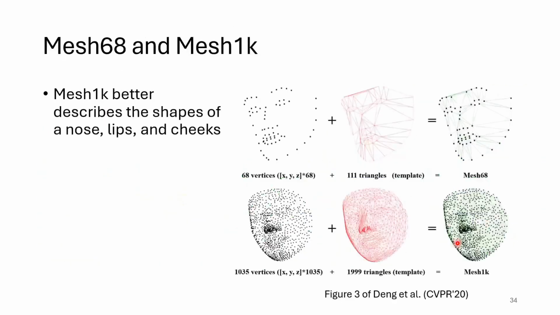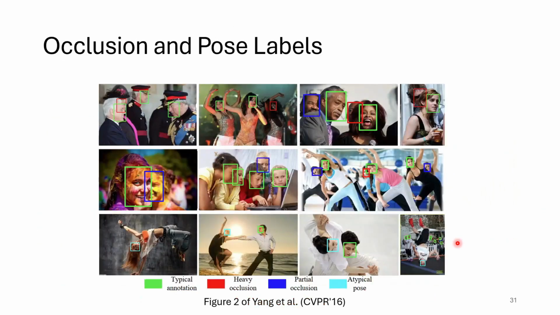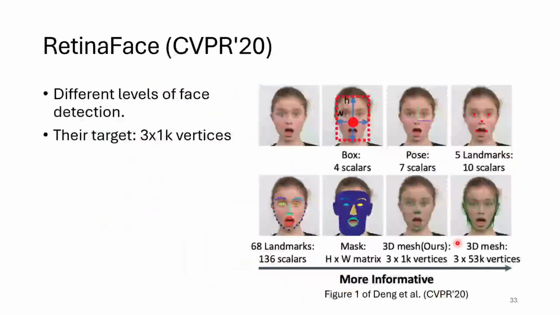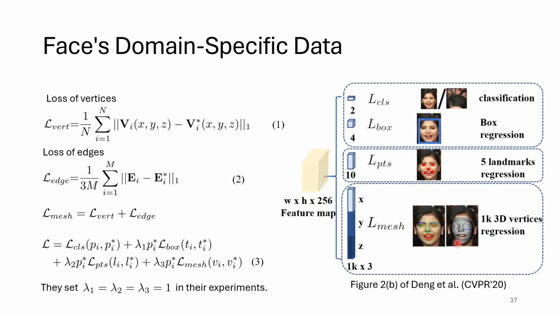So let's go back. The WIDER FACE dataset is a huge, great dataset, but they only provide the bounding boxes. There are no 5 landmark labels. So how do they do it? They need to create the 5 landmark labels by themselves.